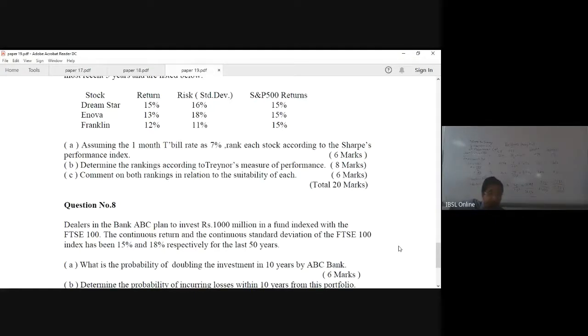So in this situation, the Sharpe performance index has been a help in hand, because otherwise the person selecting one of these stocks will have no idea, as all are in the same rank. So in this case, Sharpe's performance index served the purpose. That is the type of comment you can make.